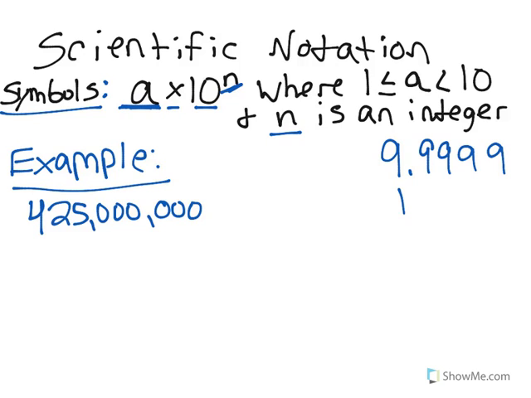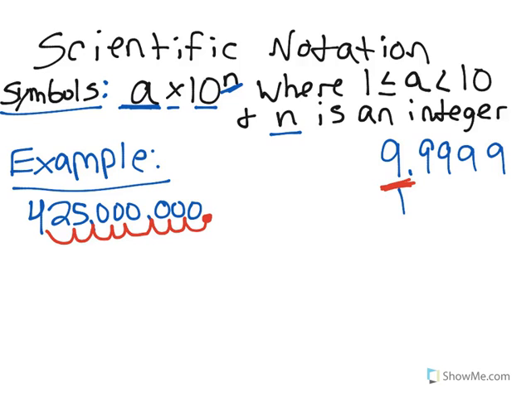So as an example, let's say we had 425 million, and your instructions were to write this in scientific notation. First, you want to confirm where the decimal currently is. If you don't see a decimal place, that means it's at the end. So we just need to figure out how many times we have to move it so that we have one digit in front of the decimal. Let's count: 1, 2, 3, 4, 5, 6, 7, 8.